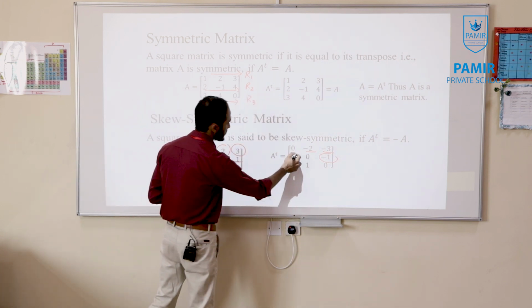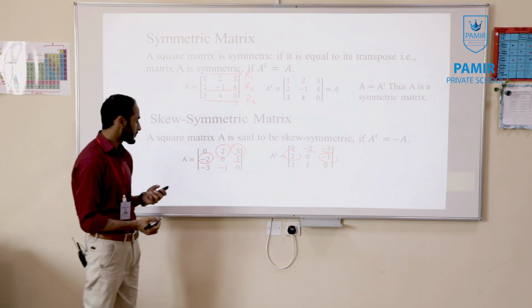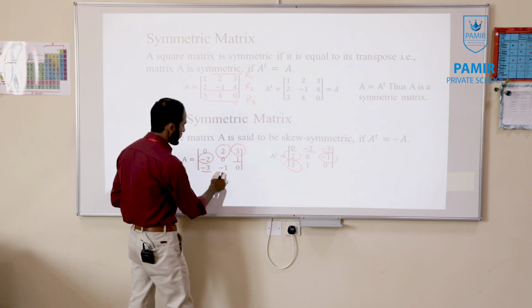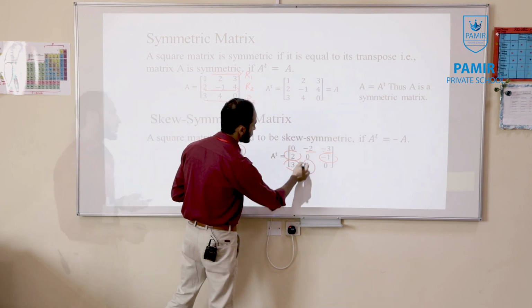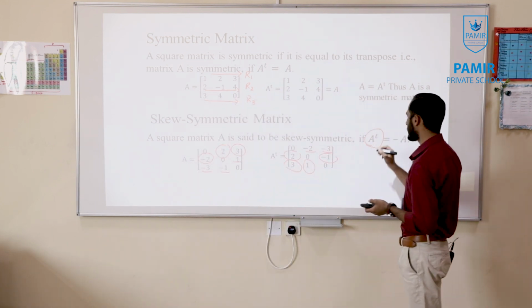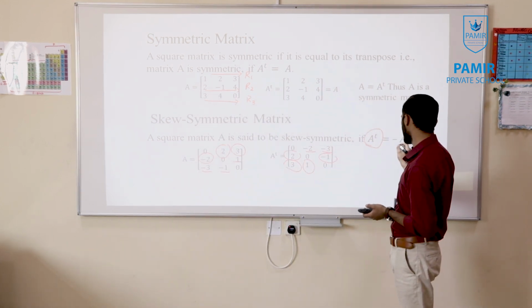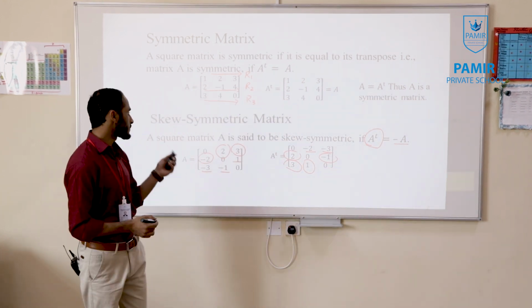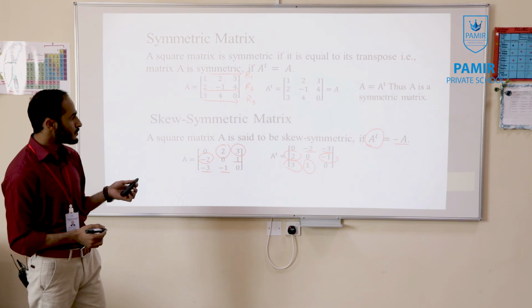Minus 2 turns into positive 2, minus 3 turns into positive 3, minus 1 turns into positive 1. So when we take the transpose of the matrix, it becomes the negative of itself. So we call it skew symmetric.